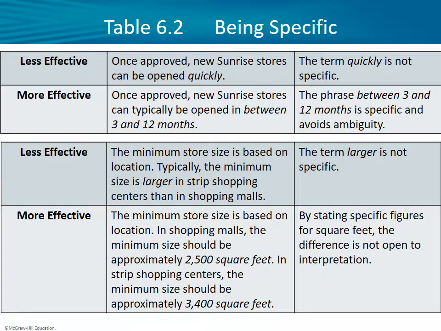Being specific also affects the judgment your readers make about your credibility. Specific statements lead your readers to believe that you know what you're talking about, competence, and that you are not hiding anything, character, and that you want your readers to be informed, caring. Being vague, on the other hand, distracts and detracts from your credibility. See Table 6.2 for examples of less specific and more specific writing.